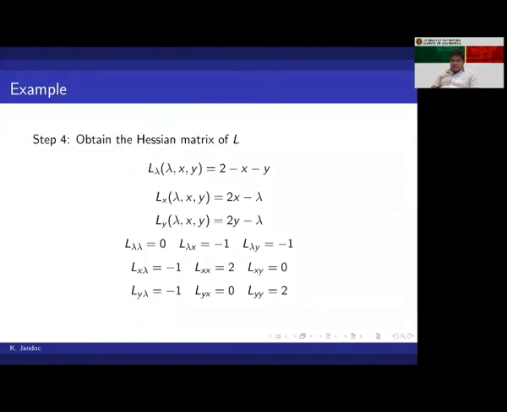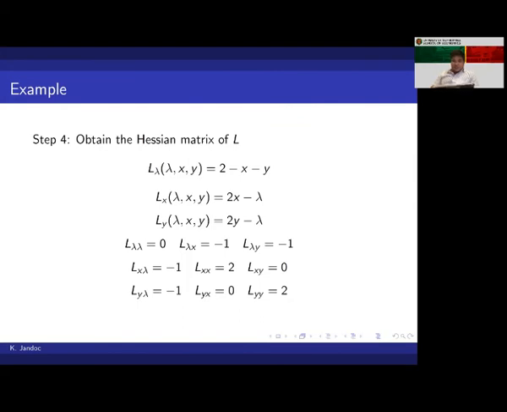Now that you found the stationary points, you want to know whether those are local minimizers, so strict local minimizers. In the second order sufficient condition, we should look at the second order partial derivatives, or the Hessian. So this is the next step.